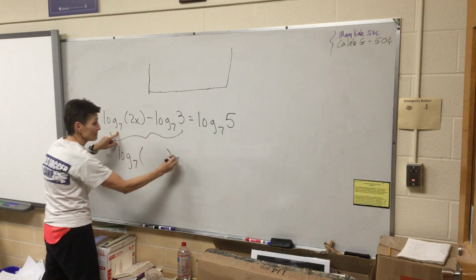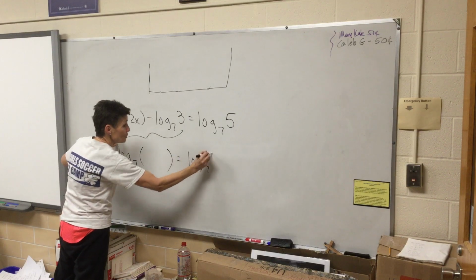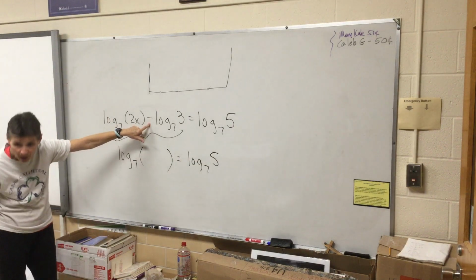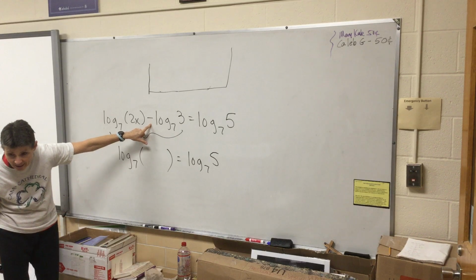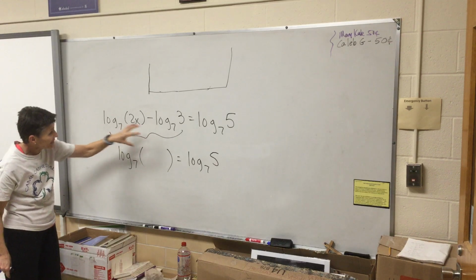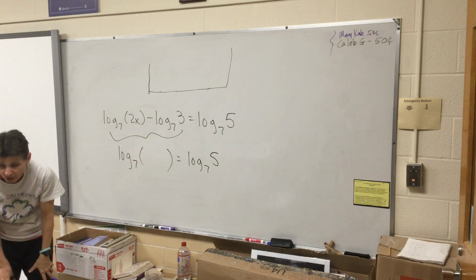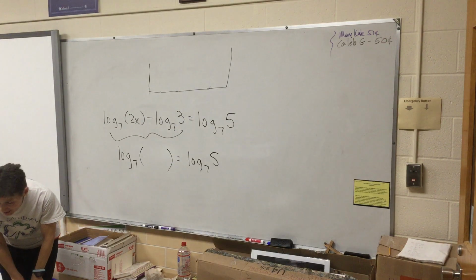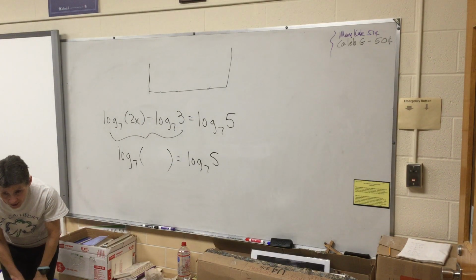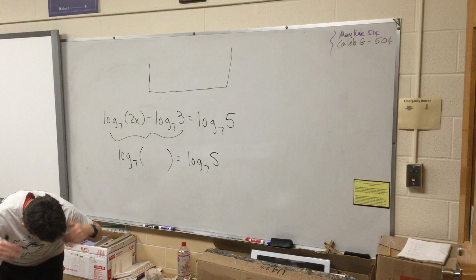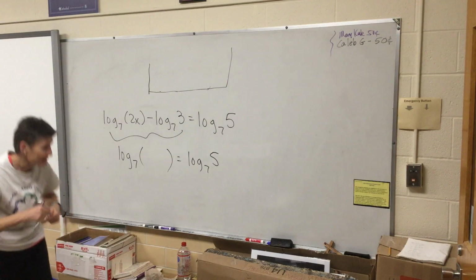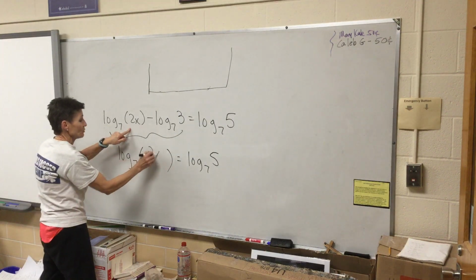Now, when I put them together, notice that's not a plus. That's a minus. So when I put these together, they're not going to go together as a multiplication, but exactly. So this is going to be 2x over 3.